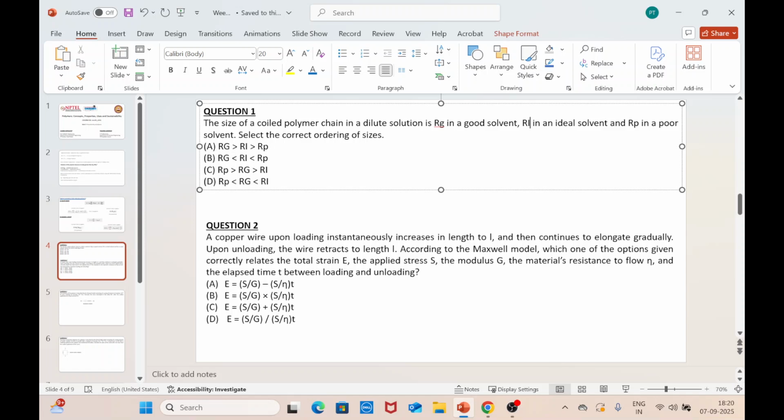Again, we discussed this in the last session, how in case of ideal solvent the interaction between the polymer and the solvent will be, and how in case of good and bad solvent it will vary.